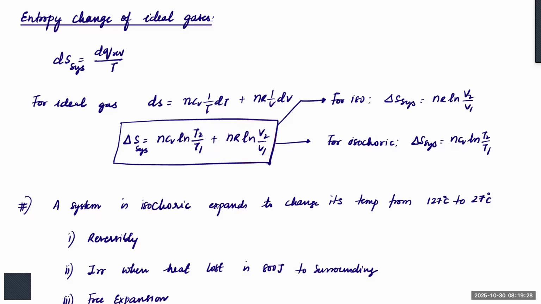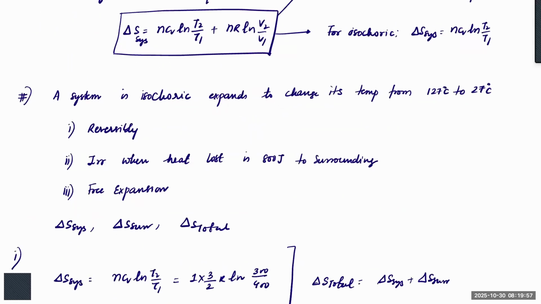For an isothermal process, delta S of the system is equal to nR ln V2 by V1. And for an isochoric process, delta S is equal to nCv ln T2 by T1. This is for the isothermal process and this is for the isochoric process. Clear?